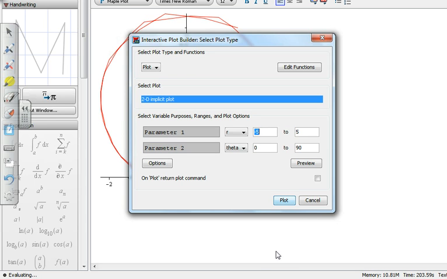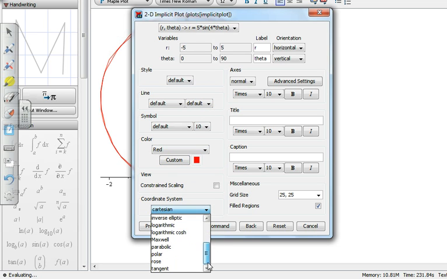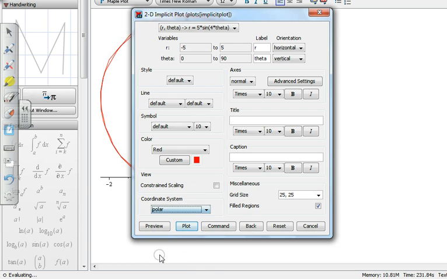R is something that's being calculated. Implicit 2D plot. Polar.